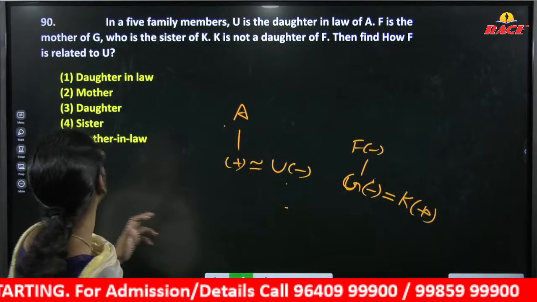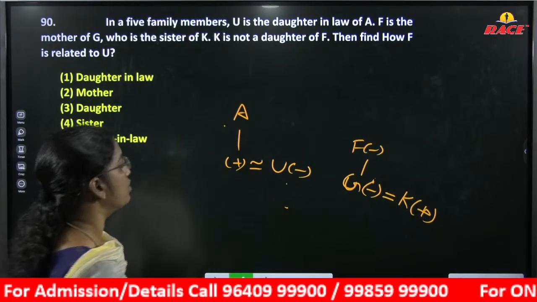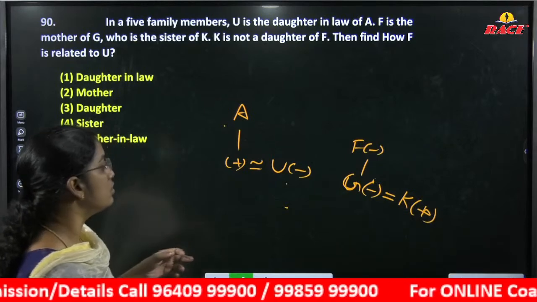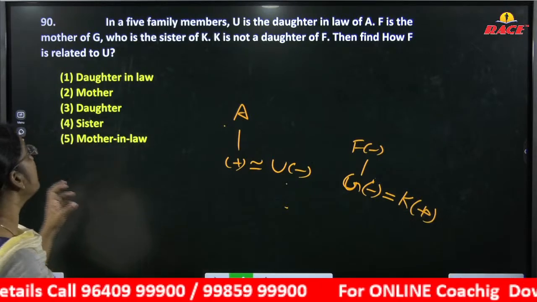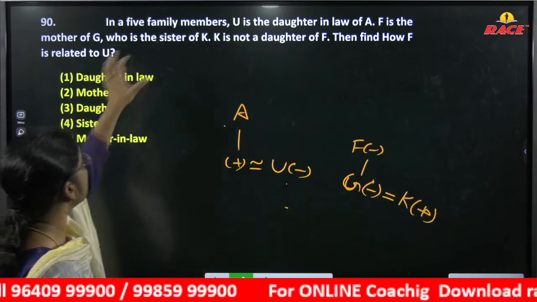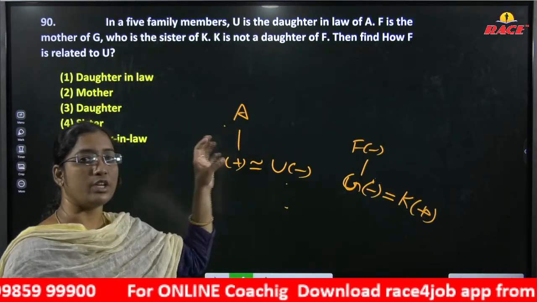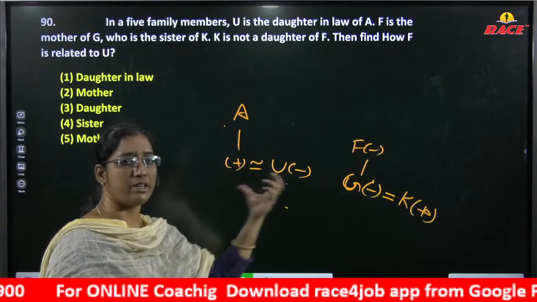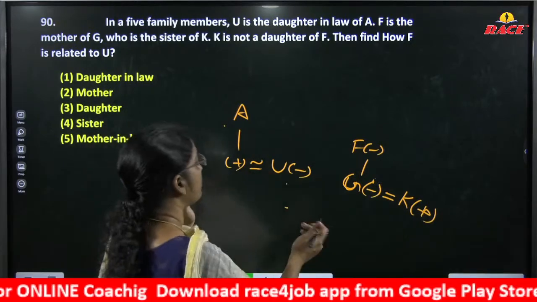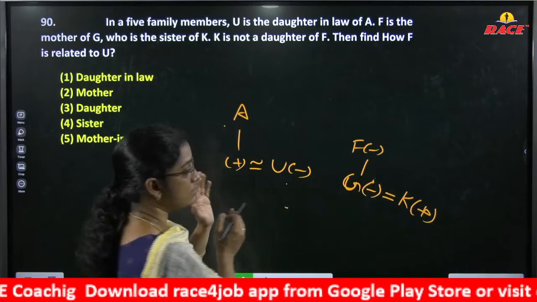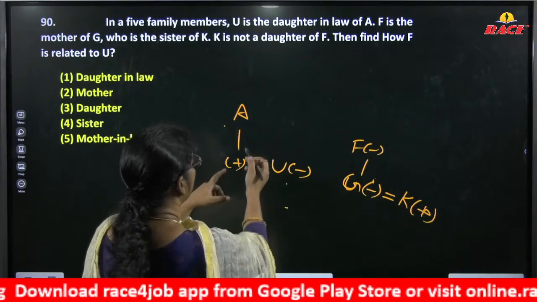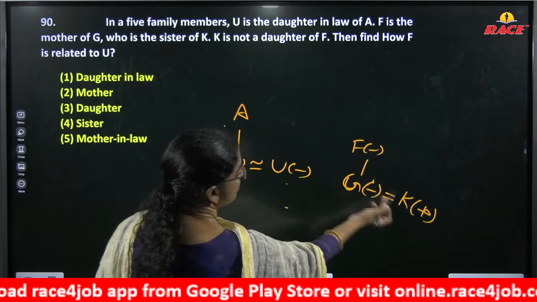Then find how F is related to you. Before solving the question, we have some basic information: it is a family of five members. That means definitely we have to combine these two diagrams. The chance is that A has one son and F also has one son.